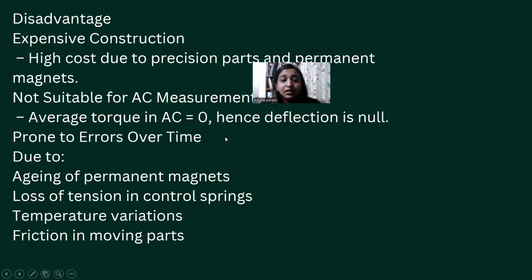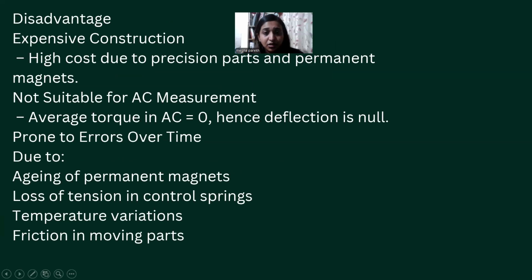What are the disadvantages? Expensive construction, because the cost of the permanent magnet is high. So the overall cost of the PMMC goes high.